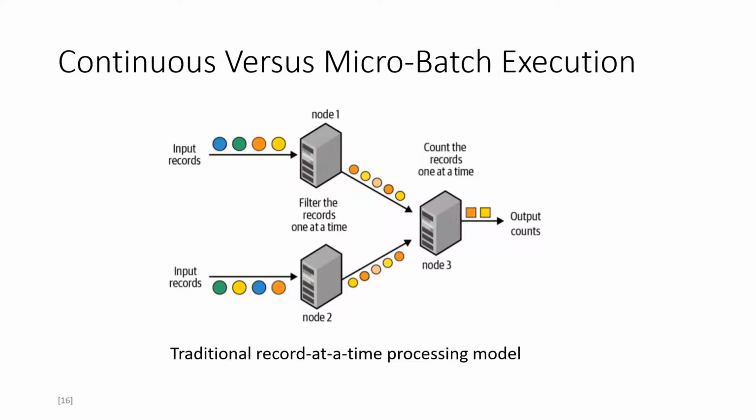For example, here node 1 may have a task that filters one record at a time. Then there may be another task at node 3 that combines these records and performs some counting operation. We can achieve very low latency with this model.